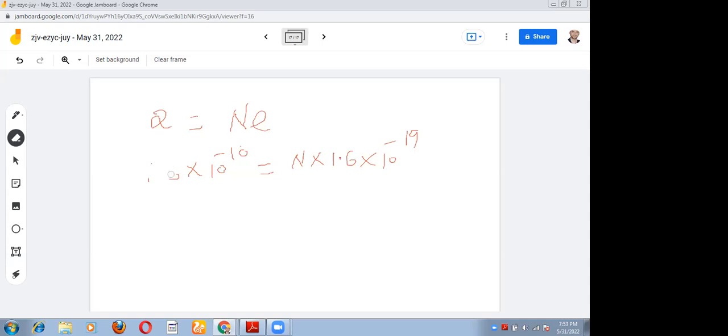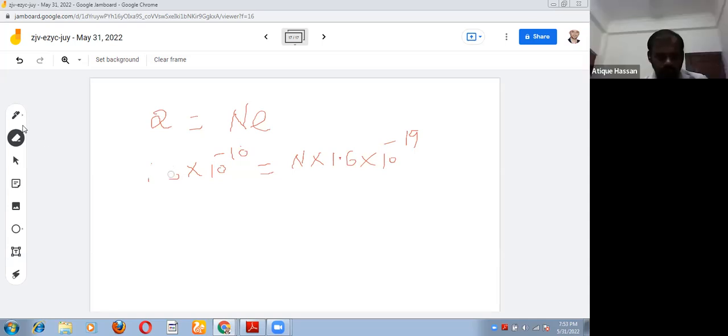So we will put the value of Q, 8 into 10 to the power minus 10, and here we will get the value of N.